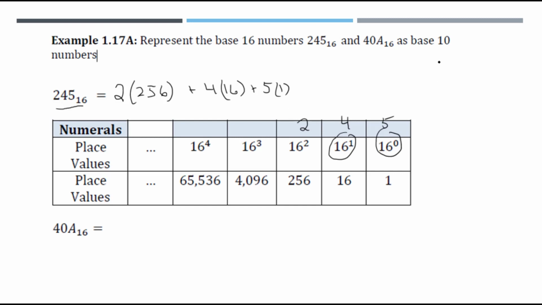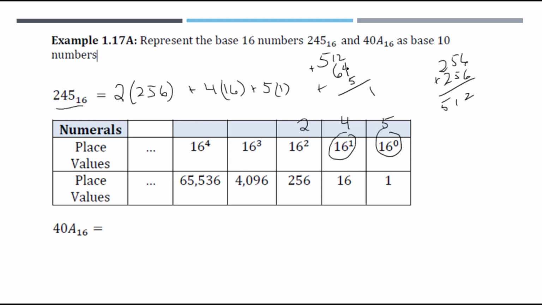So 256 times 2 is the same thing as 256 plus 256, right? So that's 512. So I've got 512 plus 4 times 16 is 40, 50, 64, plus 5. So that's 9, 10, 11.